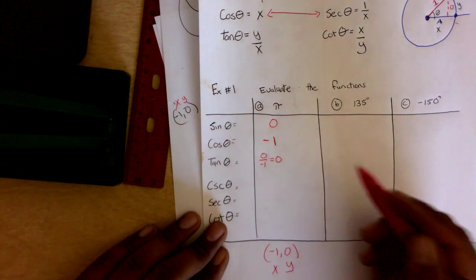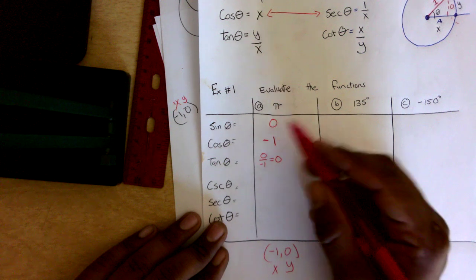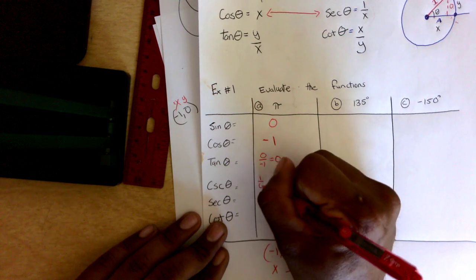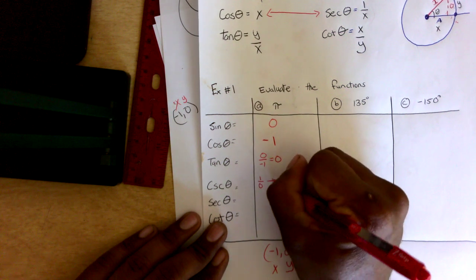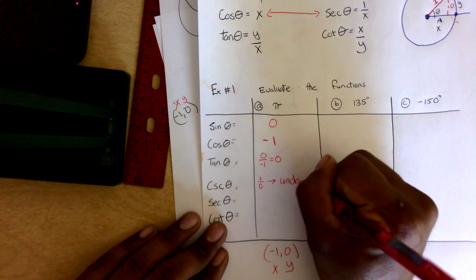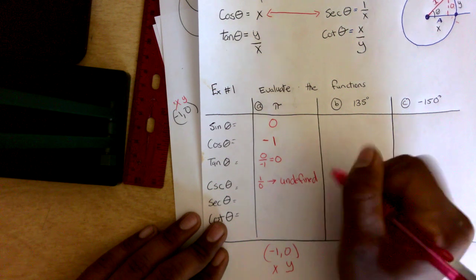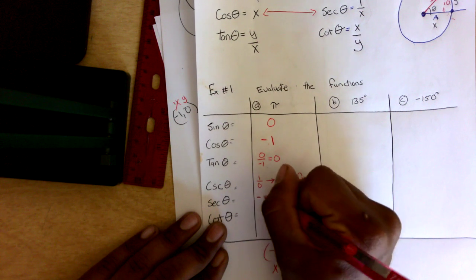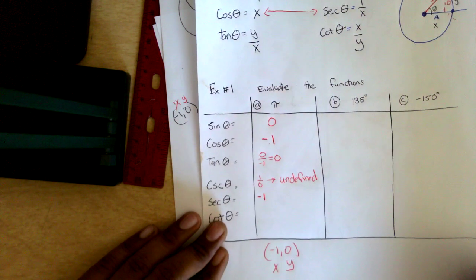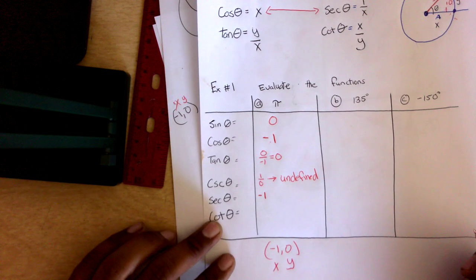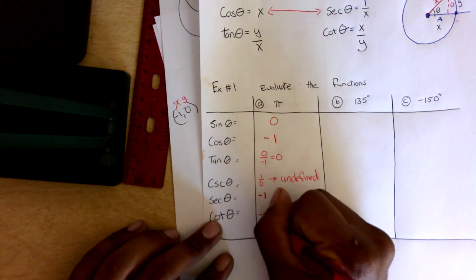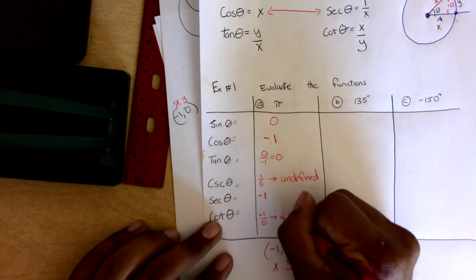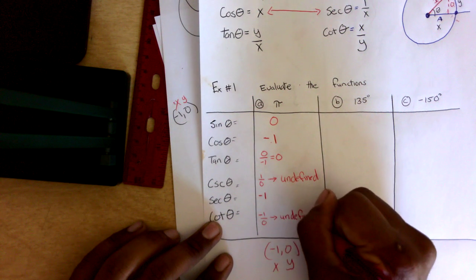Now we kind of get some issues here. If I flip 0, I get 1 over 0. Well, that's going to be called undefined. Remember, you can't divide by 0. If I flip -1, well, that's still going to be -1. It's just going to be 1 over -1, so that's still -1. And again, we'll get one more, where when I flip this, I get -1 over 0, and you get undefined.